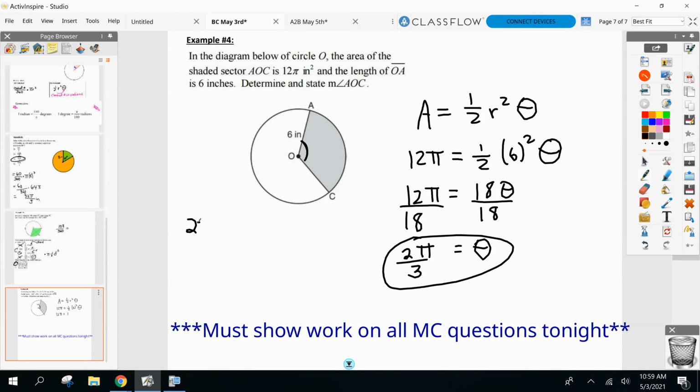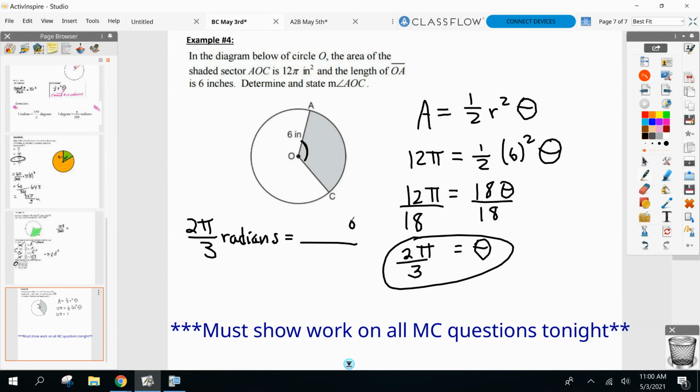Anybody doing it in degrees here that wants to give a possible answer? Sophia, what'd you get? I got 20 degrees, but if that chart is to scale at all, then I'm wrong.